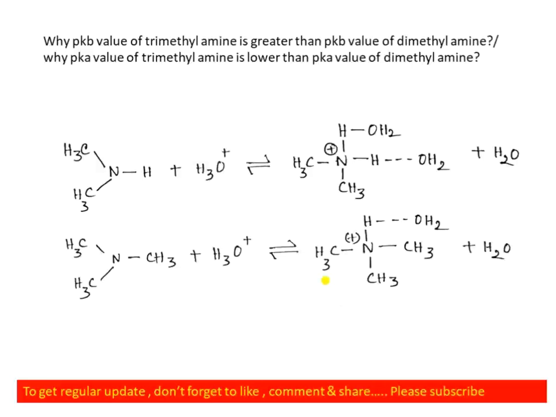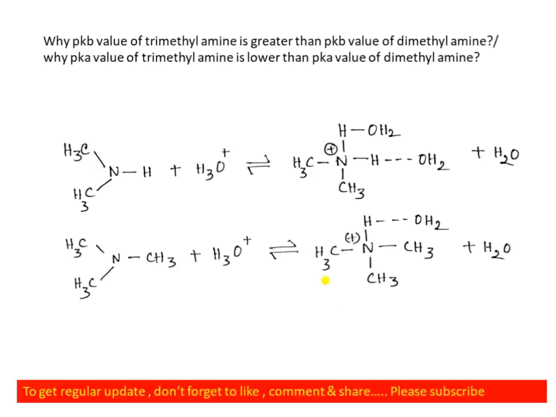The solvent molecules then form an envelope around the anion and thus solvate it. The greater the extent of this envelope formation, the greater will be its solvation. Here, the dimethylamine cation, being smaller in size than trimethylamine, undergoes more solvation than trimethylamine.